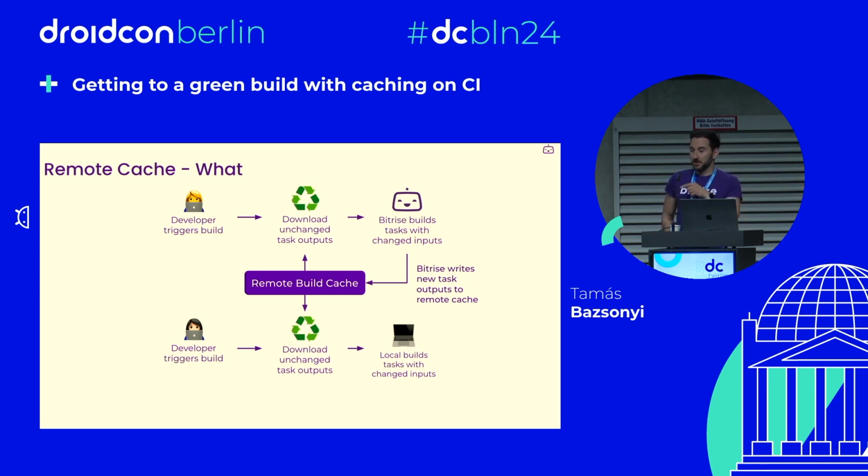And on the bottom side of it, you can see locally when developers are triggering builds, it is still downloading any kind of unchanged task outputs, where basically the task input is the same as it was during the previous execution. And the local builds are executing those tasks that inputs changed.